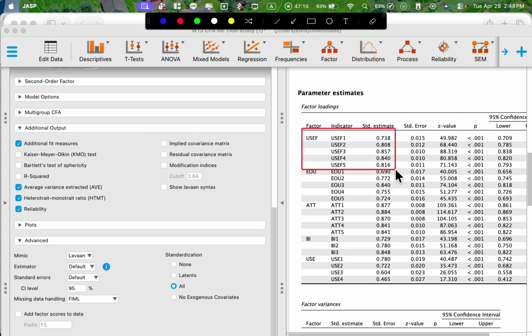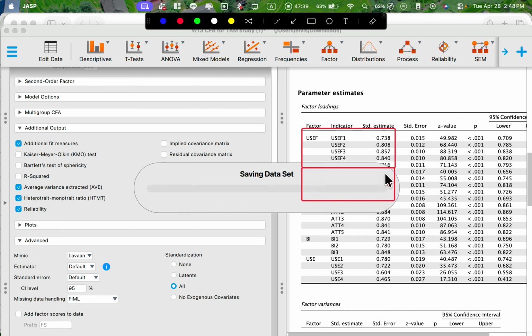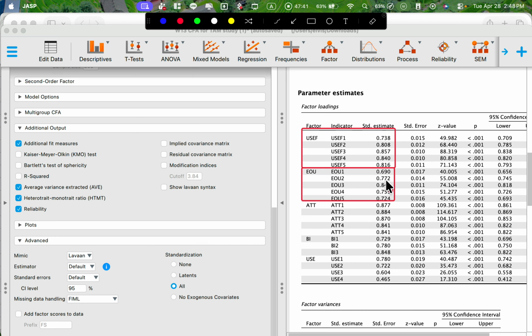So the factor loadings for usefulness, you can check, are all above 0.7. That's for usefulness. How about ease of use? The first indicator is not quite there, but it's close: 0.69, close to 0.7, right?